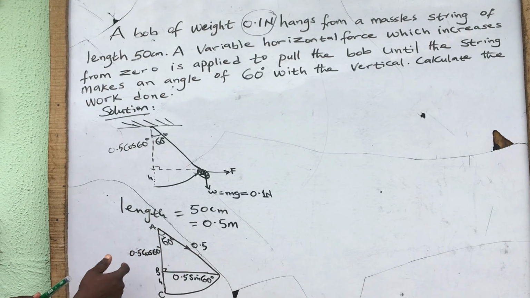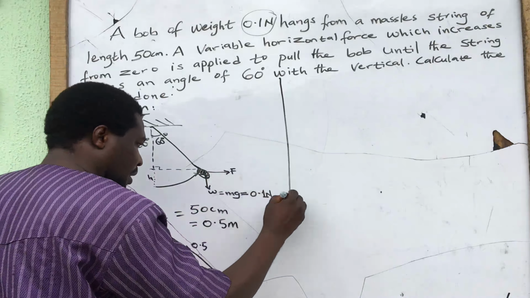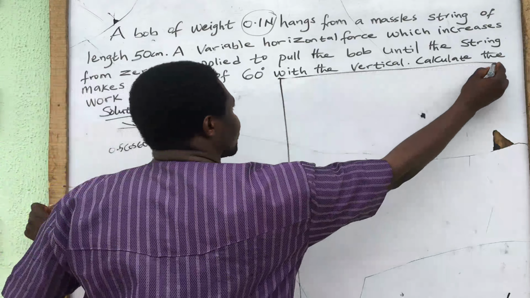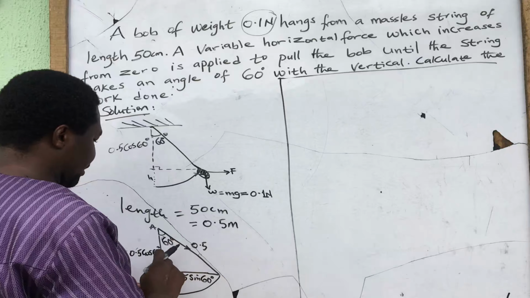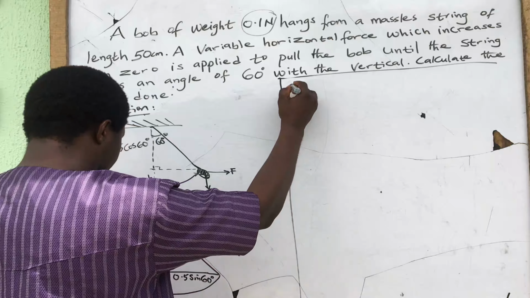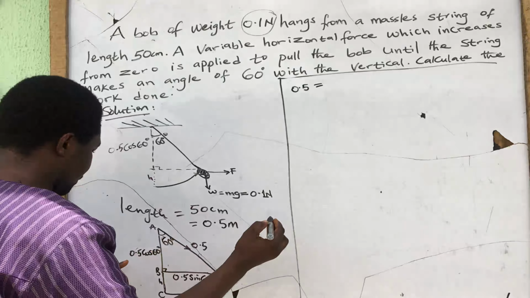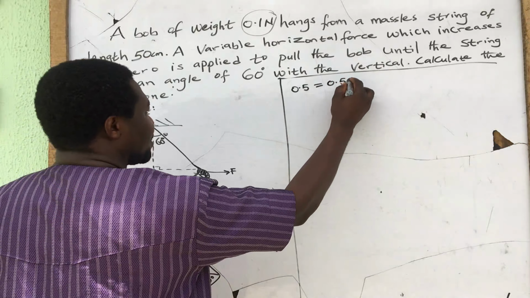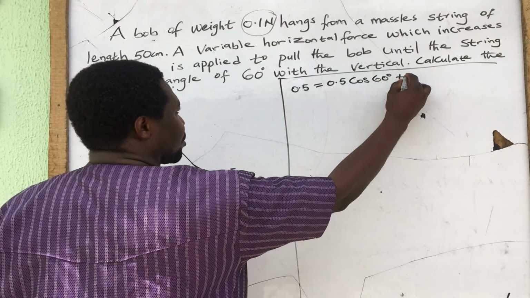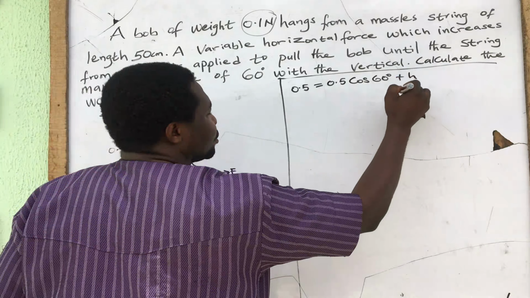Then we need to calculate the value of this H, making 0.5 equals 0.5 cos 60 degrees plus H.